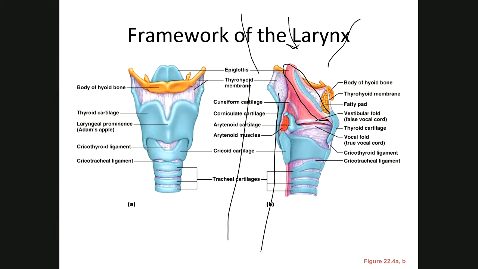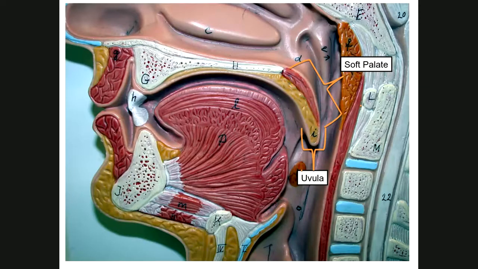And it almost forms like a slide. And the food sort of slides past it into the esophagus. And then as soon as you stop swallowing, it pops back open again so that we can have this open airway.